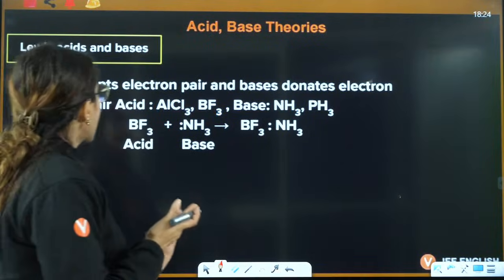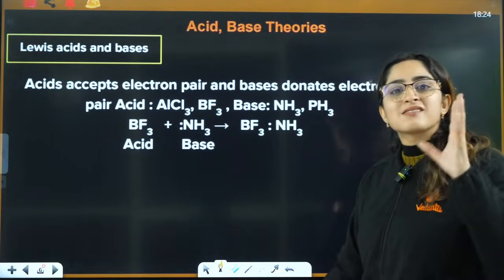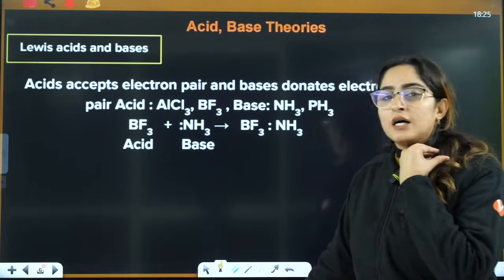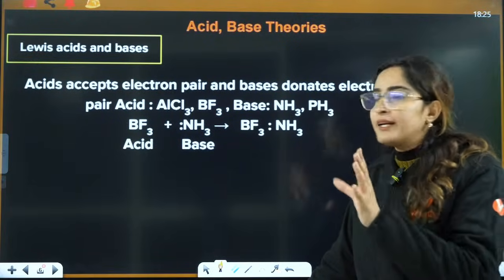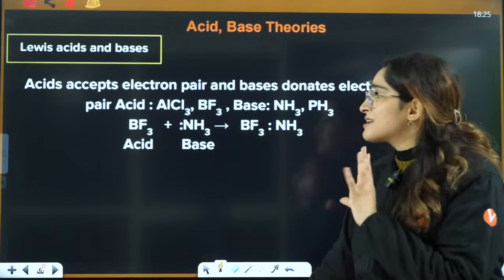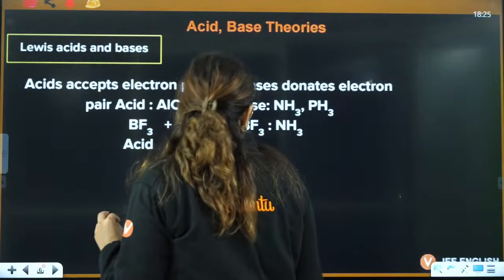Now let's understand Lewis acid and Lewis bases. This is the best theory of acids and bases, because all the acids and bases, all the examples, you can cover in the Lewis acid and base definition. So the Lewis acid and base theory states that Lewis acids are electron deficient.